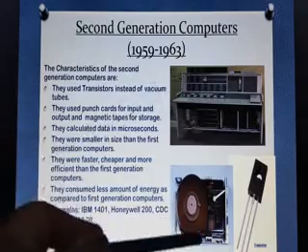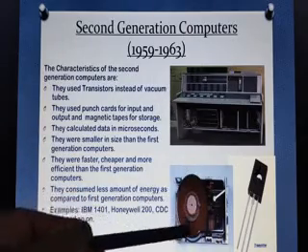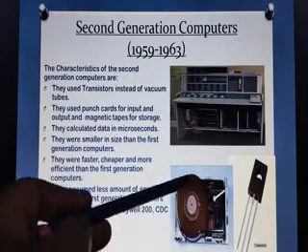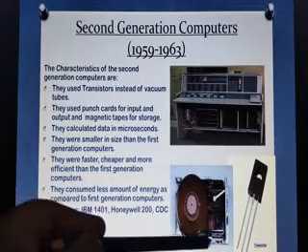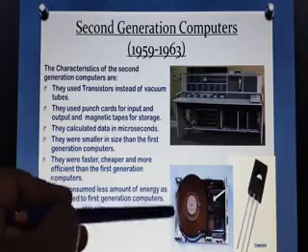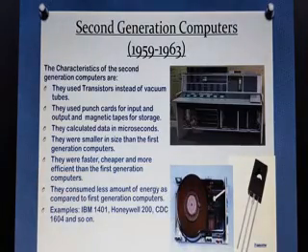The round portion is known as the magnetic disc, and the long magnetic strip that is covering the round disc is known as magnetic tape.